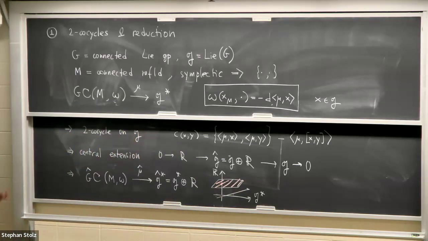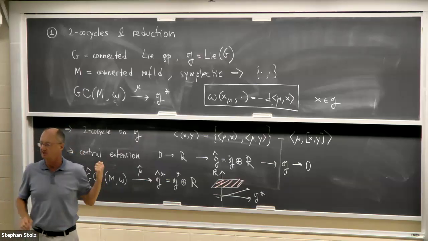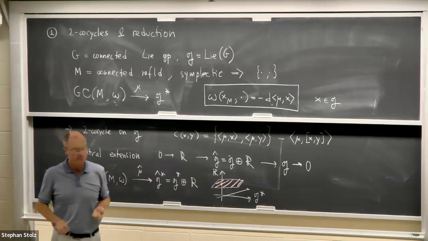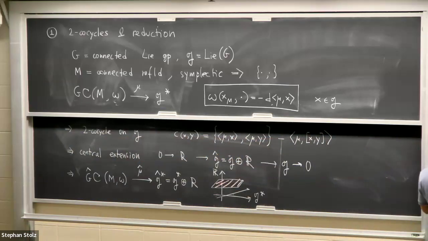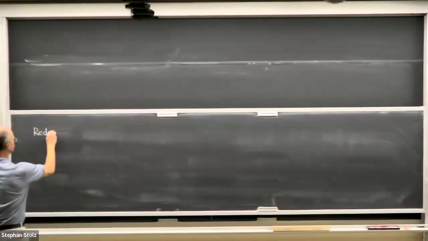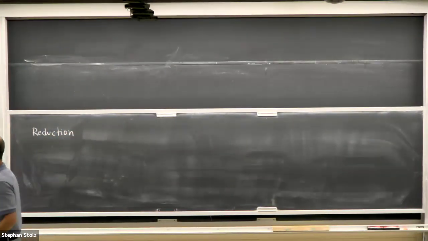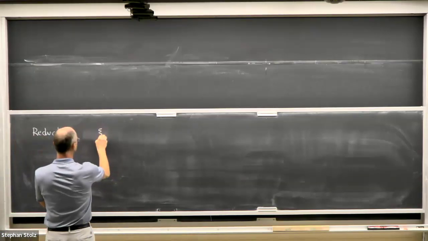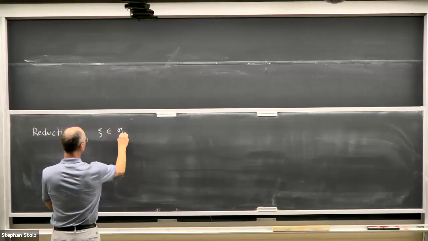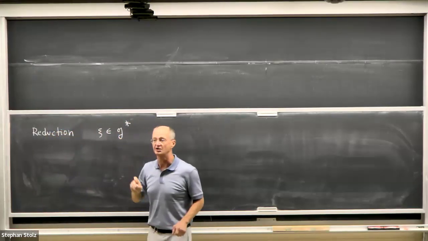Okay. So that's one piece of standard vanilla that I wanted to remind you. And maybe the second piece is reduction. So suppose that in this context, we want to do reduction corresponding to an element, say, psi of G star.